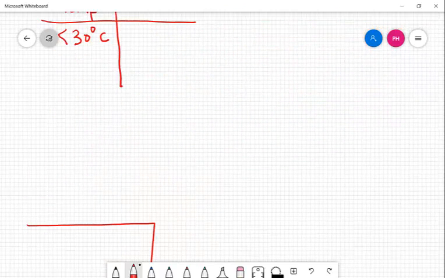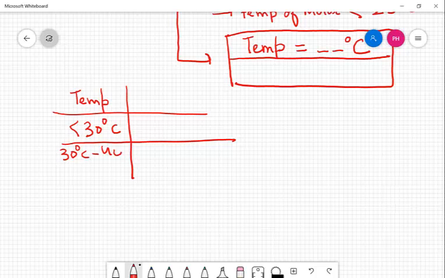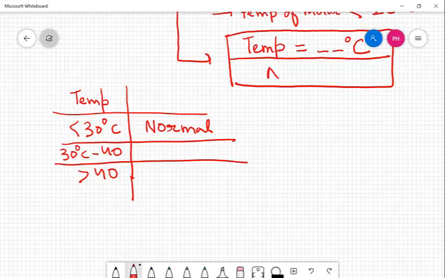Or it can be between 30 degrees Celsius and 40 degrees Celsius, or it can be greater than 40. So accordingly, if the temperature is less than 30 degrees Celsius, in the second line of LCD we have to display a message saying that the temperature is normal. Like this, normal.